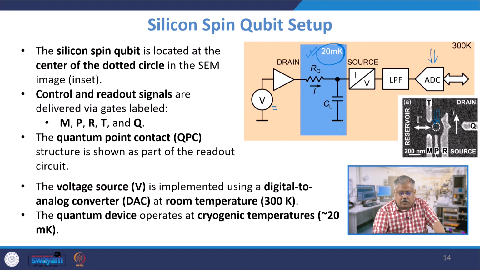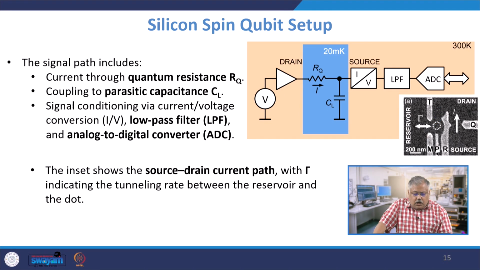This is where the whole idea of the quantum state is being superimposed by using an effective RC network. The signal path, if you look very clearly, there is a quantum resistance and there is a parasitic capacitance associated with it. So, this is almost like a simple network theory course where any active or passive device can be converted into a voltage source and some passive networks.